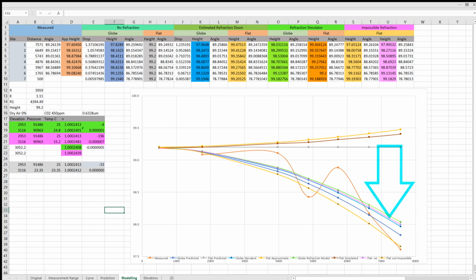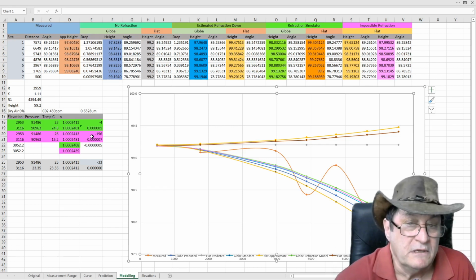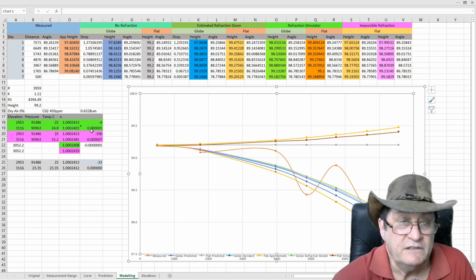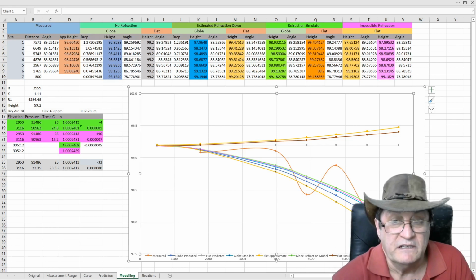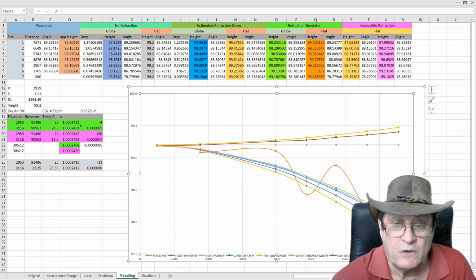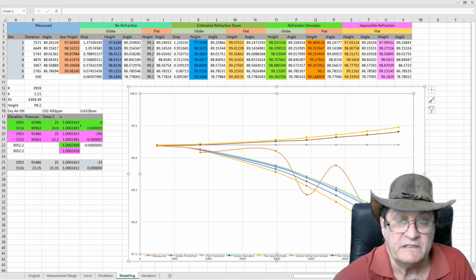So these are the numbers that you would require for the flat Earth to fit this observation, and these numbers are in fact impossible. Just using the standard atmospheric conditions, the globe fits quite nicely to these observations.